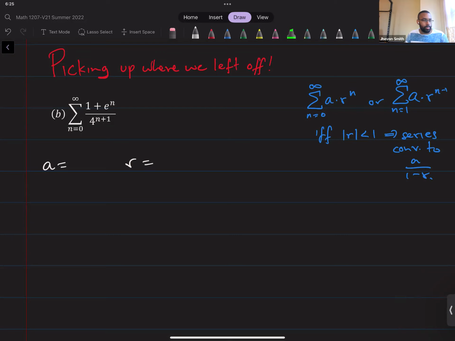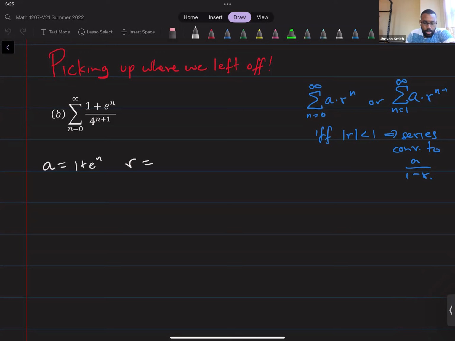Any ideas? No? No clue? Is it a is equal to 1 plus e to the nth power, and then r is equal to -4 to the nth power plus 1? 1 plus e to the nth power.